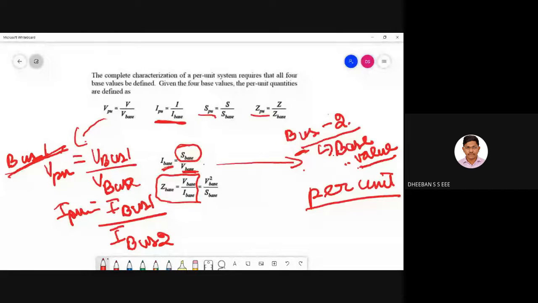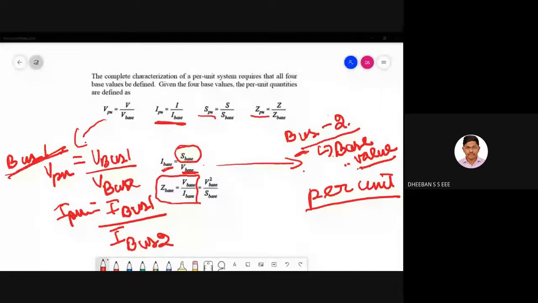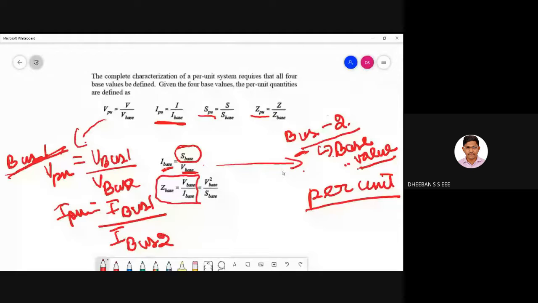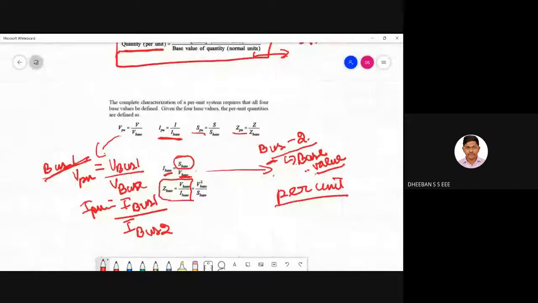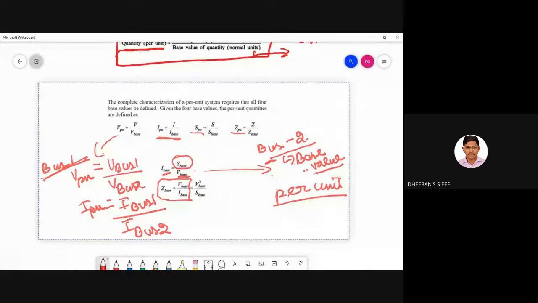Apart from the current, you can also represent Z base in terms of the power quantity. It is nothing but V base squared by S base. This is with respect to the power ratings, per unit.